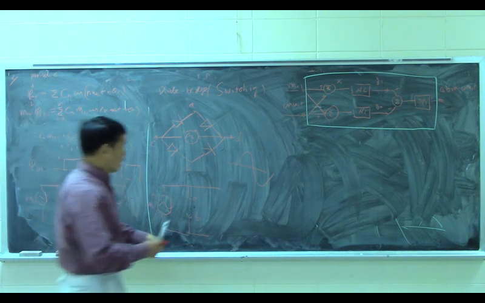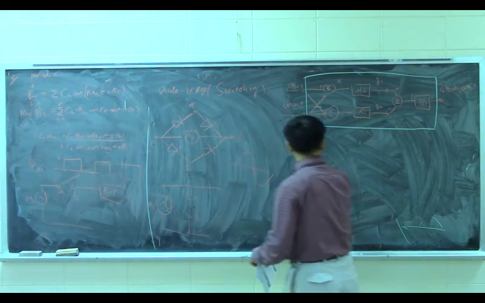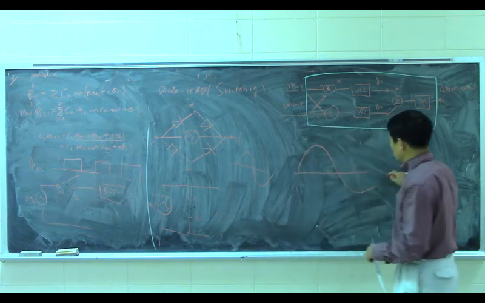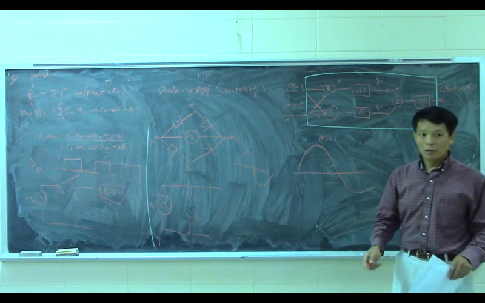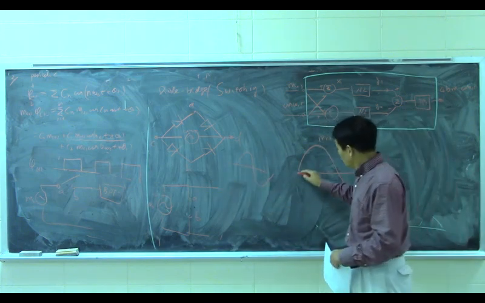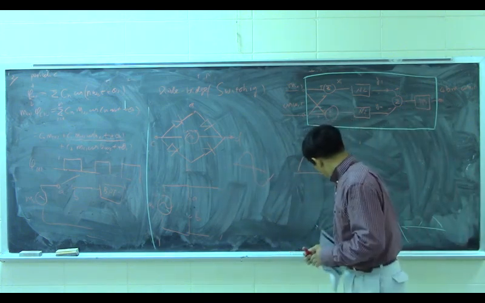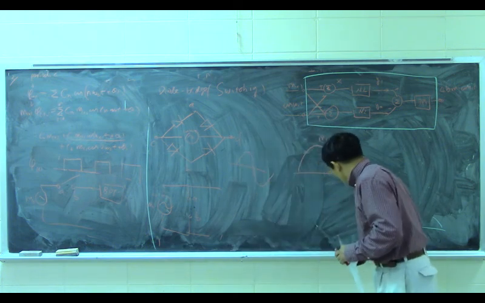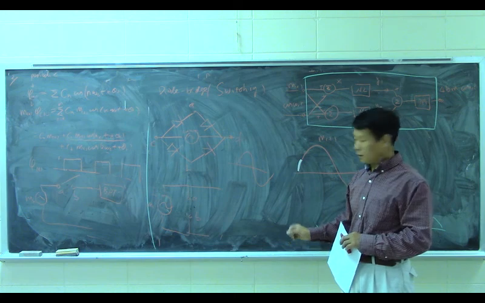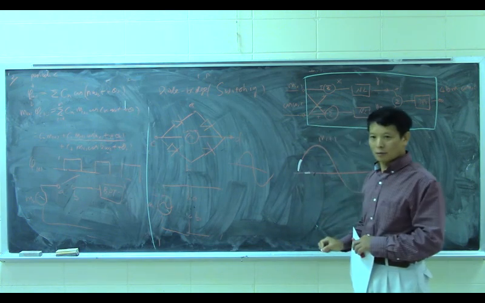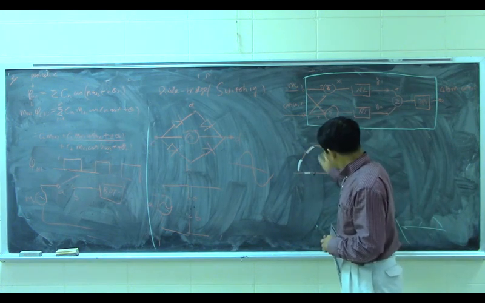If we draw the time signal, suppose your m(t) looks like this. Then you pass through this 1, 0, 1, 0. What we are going to have is this part. This is 1, and here we have nothing. And we have 1 here, we have nothing.